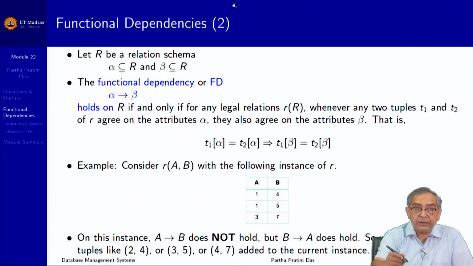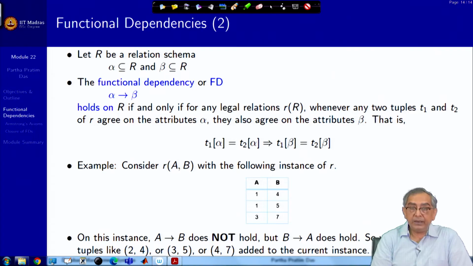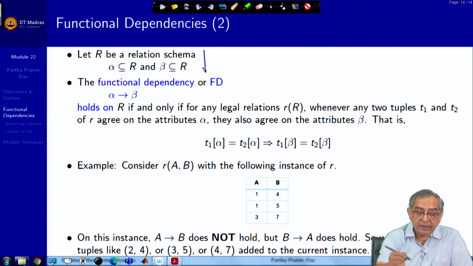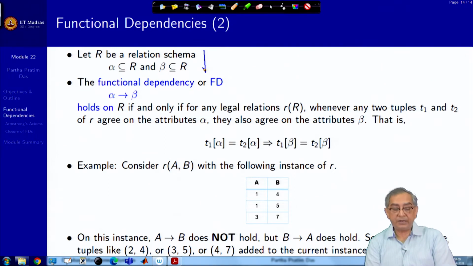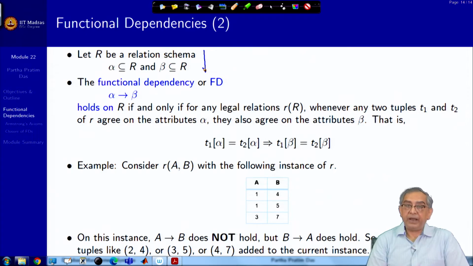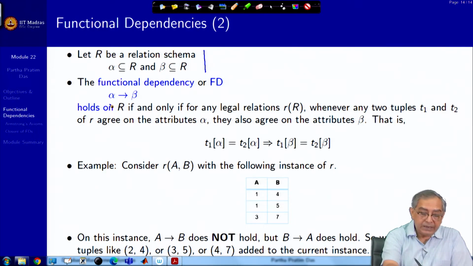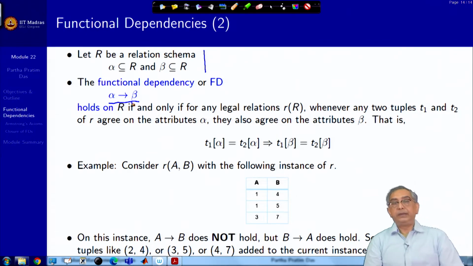So, let us look at functional dependency in formal terms. I have a relational schema R and two subsets of it, alpha and beta. A functional dependency or FD is written as alpha determines beta.